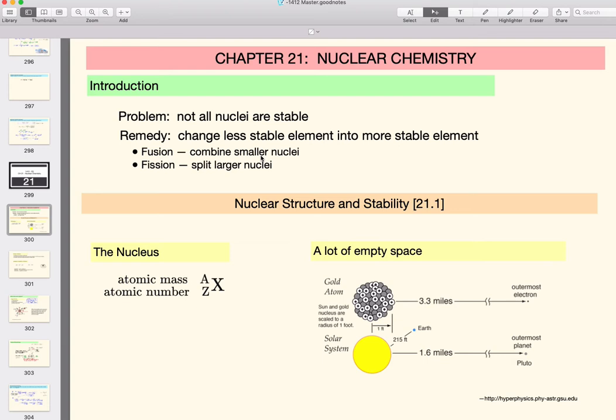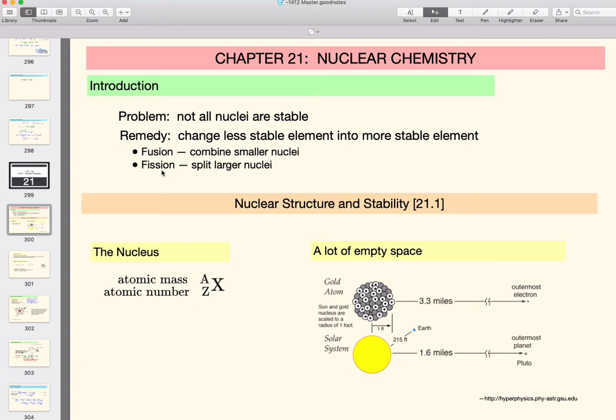Or she might take some really small nuclei that are unstable and go through a fusion process and fuse them into a larger nucleus that's more stable. As with traditional chemistry, it's all driven by Mother Nature trying to reach the most stable state.